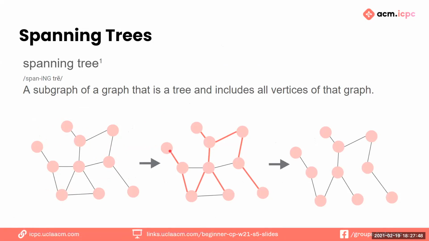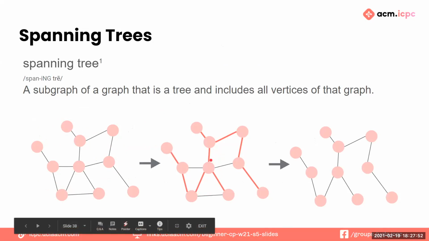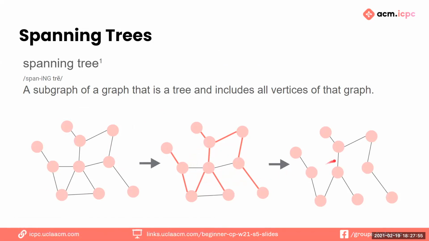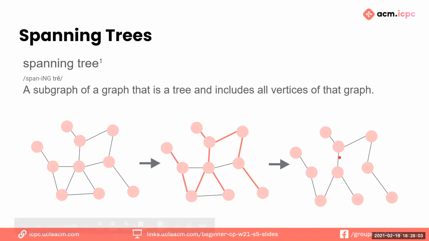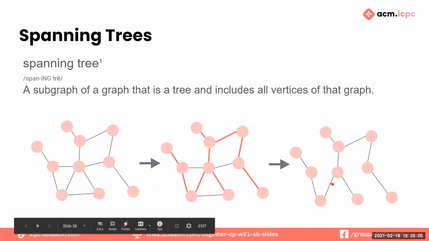And let's say we take these reddened edges and then turn them into its own graph. Notice that it includes all the nodes of the original graph. And it's also a tree because it's connected and doesn't have any cycles. So we would call this a spanning tree of this graph.